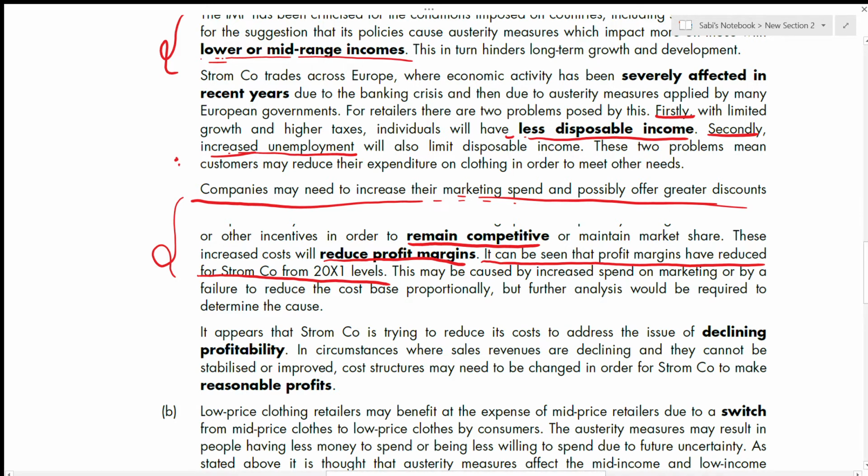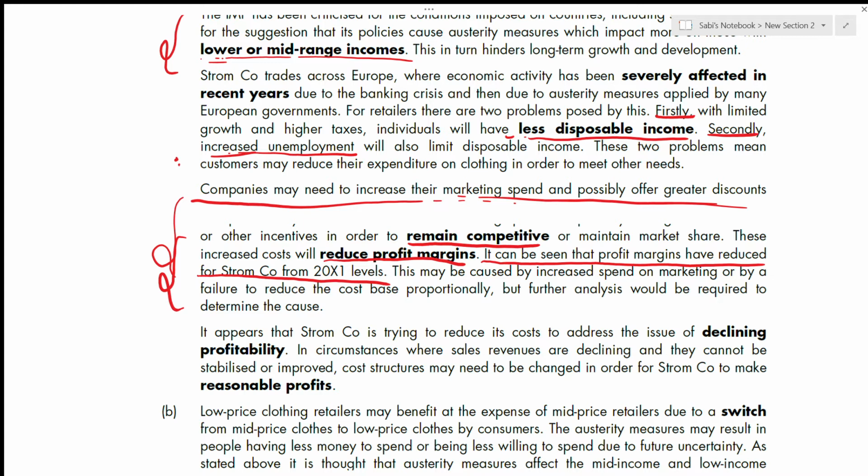If they haven't given it, then you cannot say it. It's better not to write such a statement. But here, in the first paragraph of the case study, they have told that profit margins have reduced from 2001 onwards. So now it is okay for you to mention this point, because you can see in the case study that profit margin has reduced. Therefore, you can write this point.